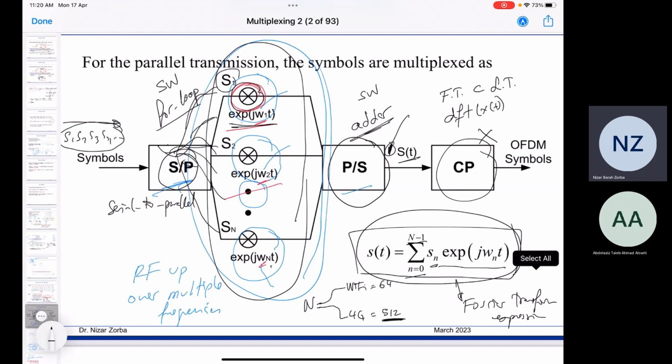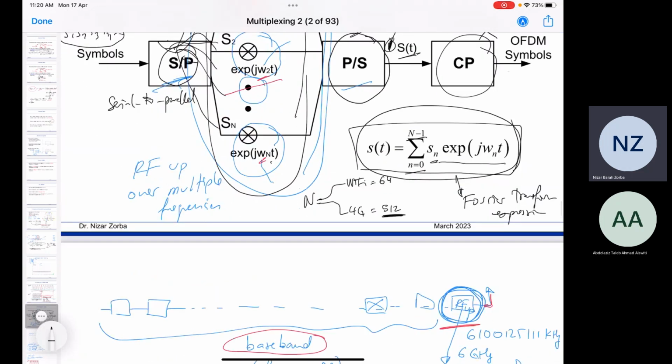This is why they came up with something better than the Fourier, called the fast Fourier, FFT. You have seen it in signals and systems, right? In signal analysis also.